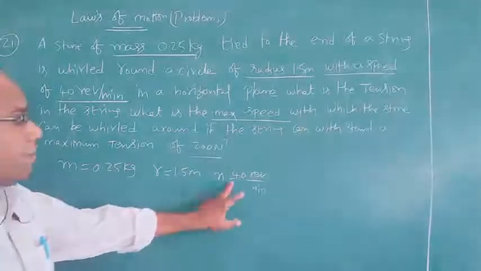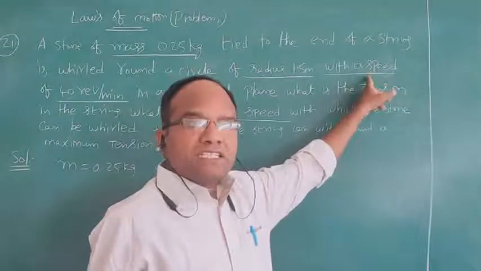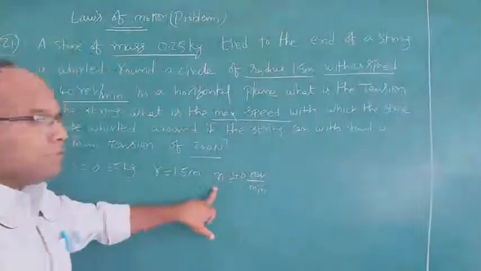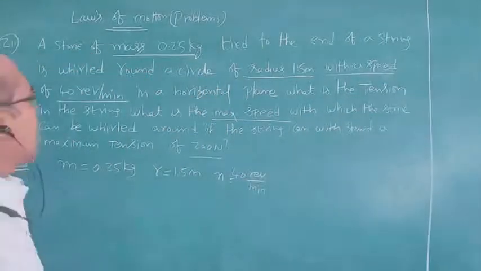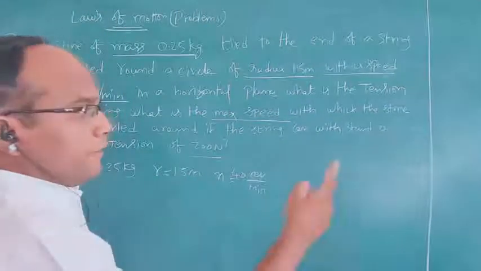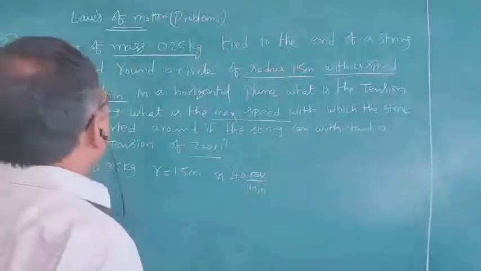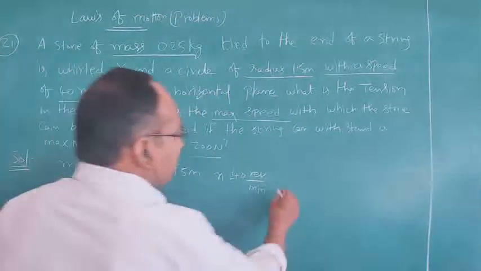It is very, very important. Many students will write speed. It's not like that. It is speed, but it is the number of revolutions. n is the number of revolutions. In a horizontal plane, if you rotate like this, it is vertical. If you rotate like this, it is horizontal. Next, what is the tension in the string?